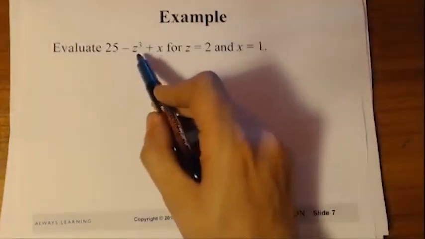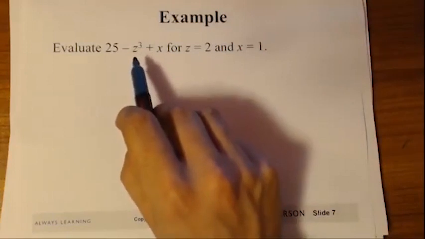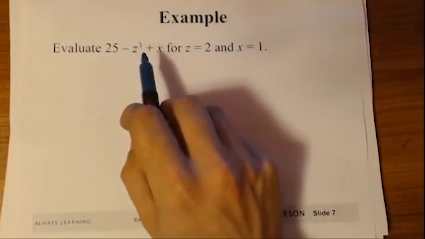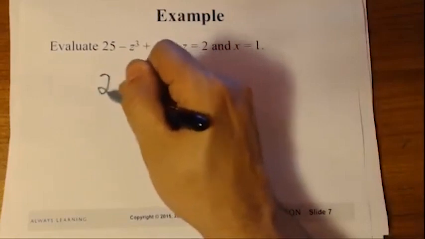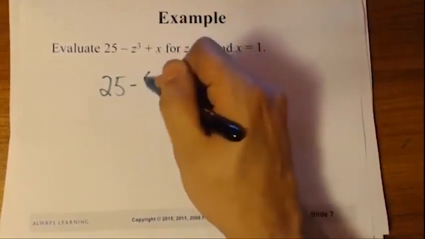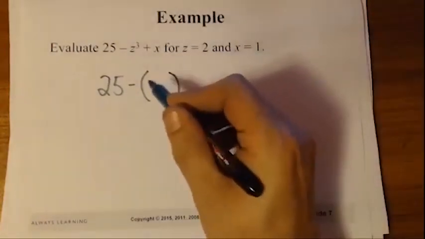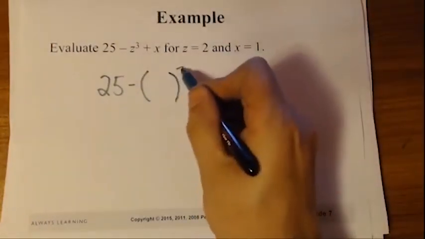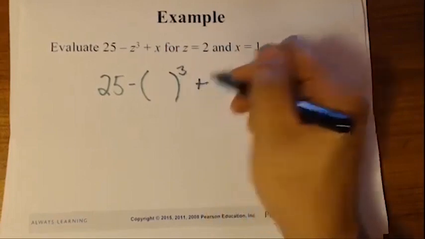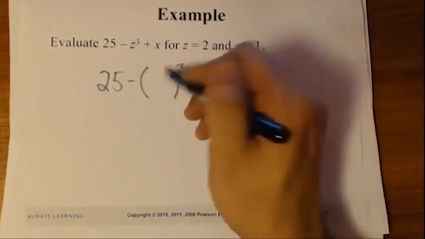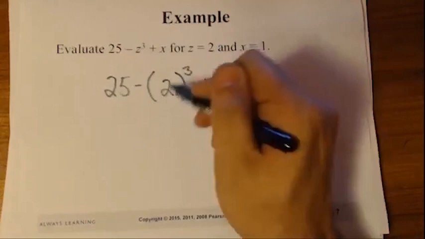Now, when we're plugging in with exponents, it's a good idea to put the space for the variable in parentheses. So instead of z, we have 2. So this is going to be 2 cubed.